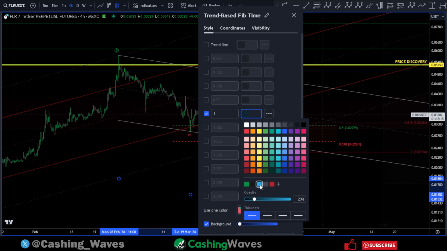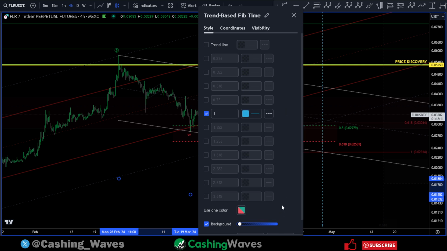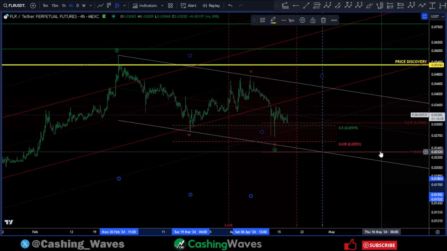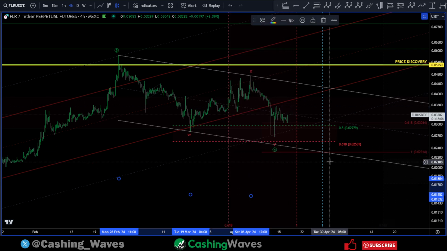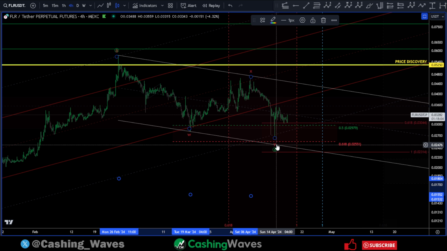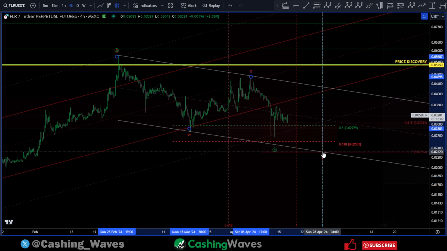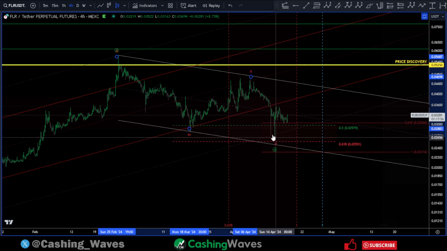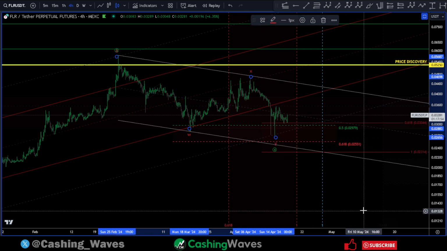I've been looking at this chart for quite a bit today just to get the best possible scenarios. So you can see we would actually expect this Y wave to not complete till this area in time, which is the end of April, if we're going to get equality in these waves.